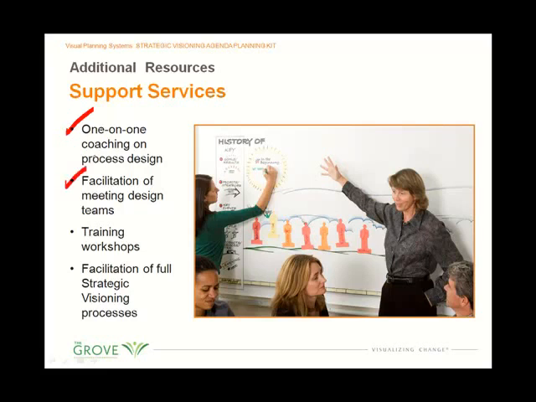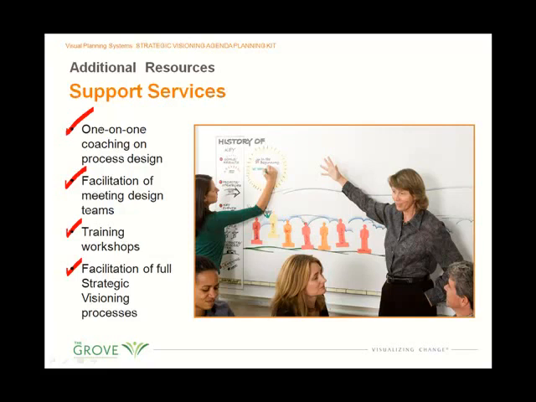We also are very willing to come in and help facilitate a design session for a more complex meeting if you need that kind of help. And we run training workshops in this methodology, and we also do have the ability to run these processes ourselves if you want us to. But one of our primary focuses at the Grove is capacity building in our clients.